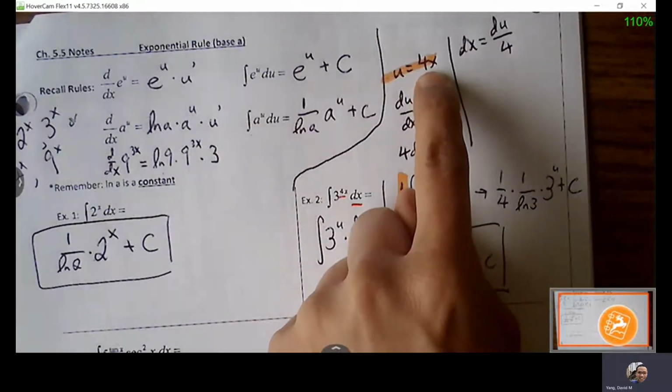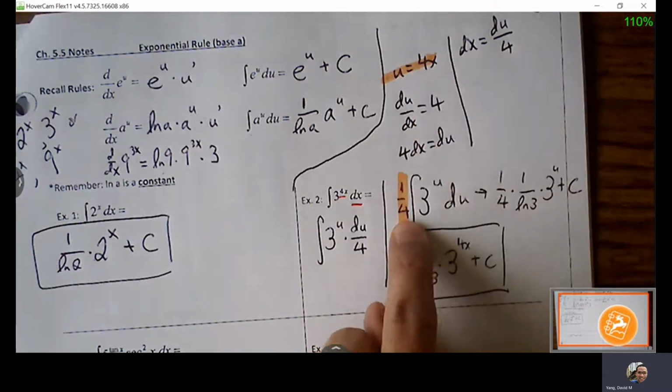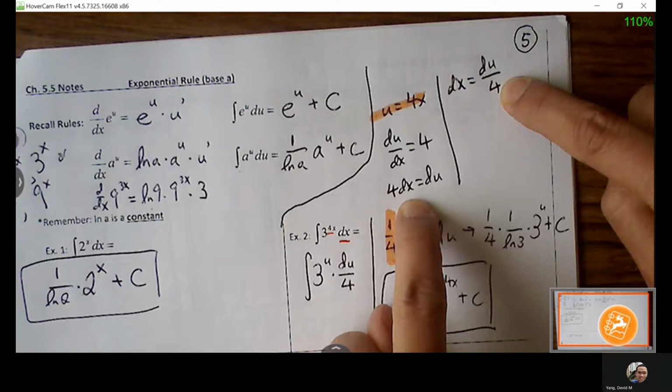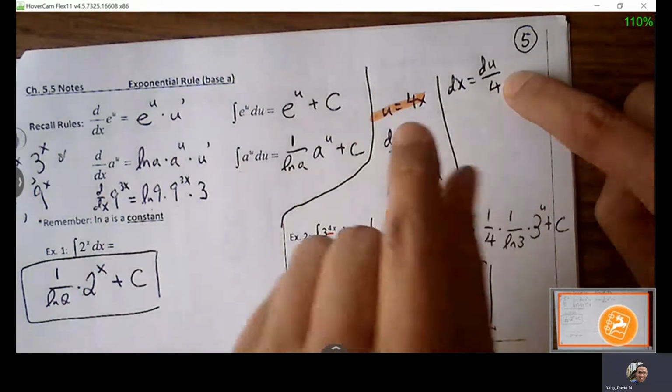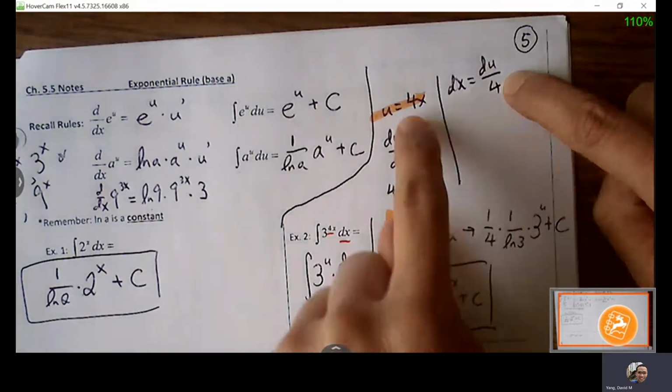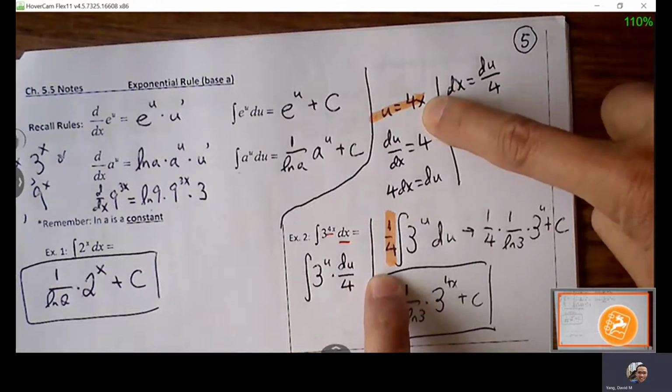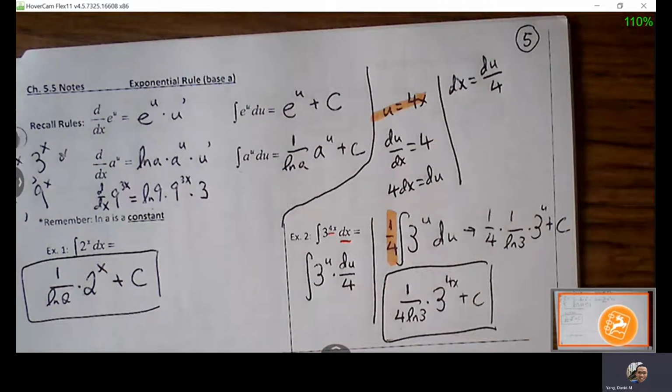So as soon as you can find that derivative, you just flip that derivative and you just write that as a coefficient. So if you want to skip this process of writing out every little step and jump from here to here, you're welcome to do that. But that's only if you're comfortable either now or later, but you don't have to.